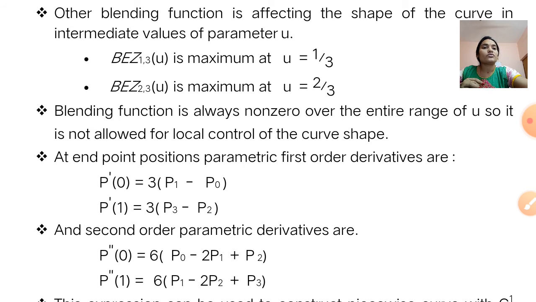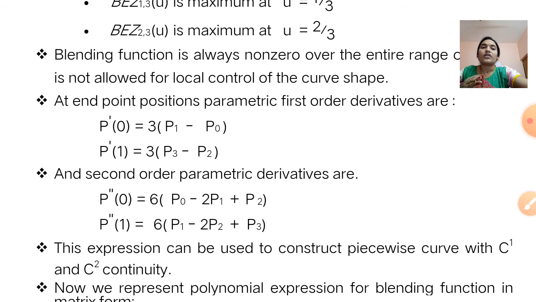Okay, and the second order parametric derivatives are p double dash 0 equals to 6 into (p0 minus 2 p1 plus p2) and p double dash 1 equals to 6 into (p1 minus 2 p2 plus p3).